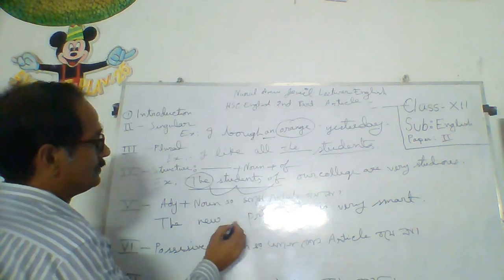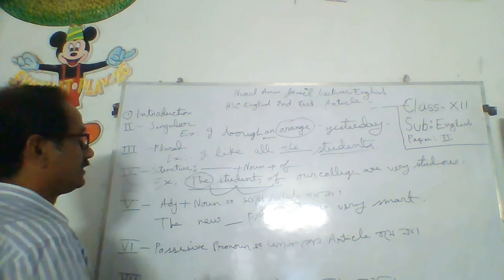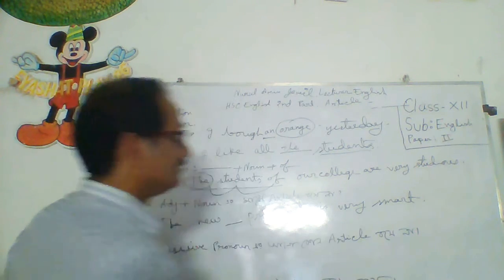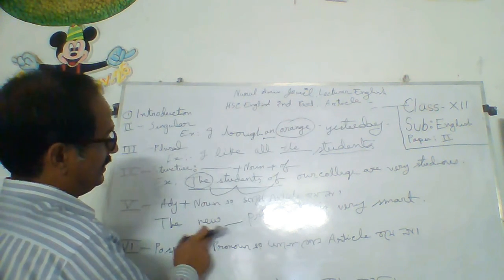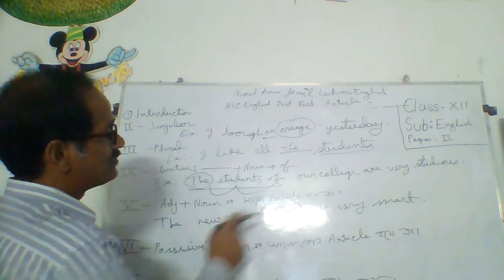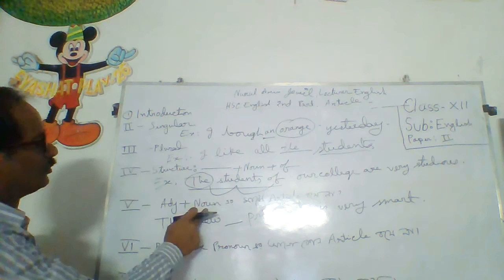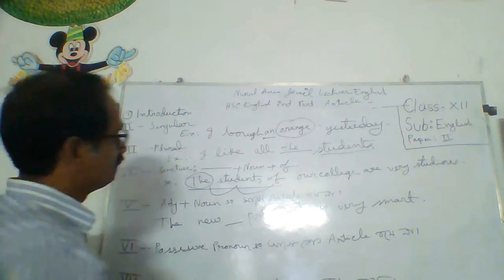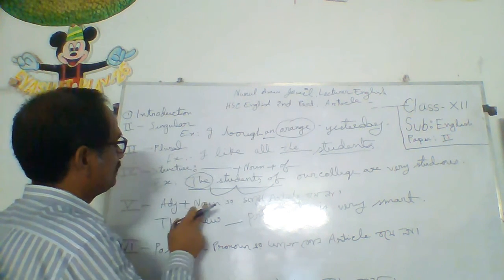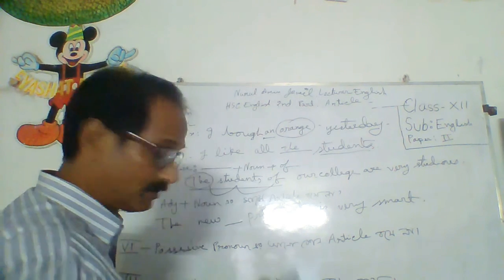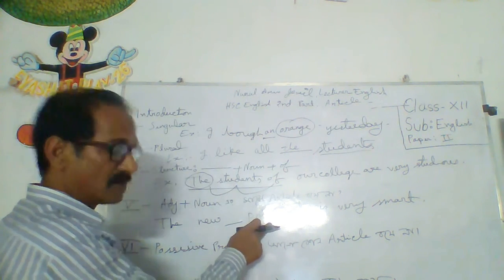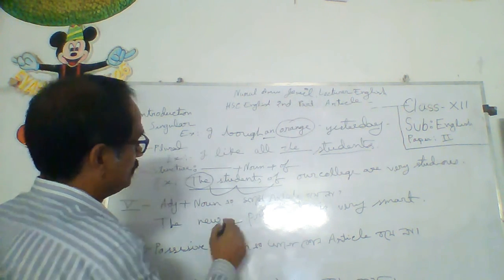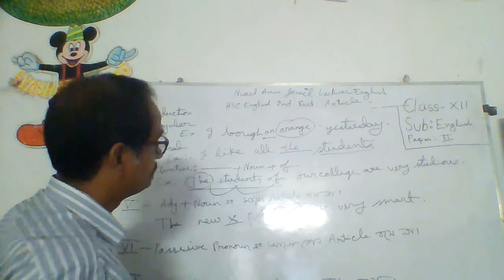Here we can see a gap between new and principal. The new dash principal is very smart. As per the rule, there mustn't be any article between an adjective and a noun, for an adjective always modifies the noun, and that's why there shouldn't be any article. Then we can cross it.